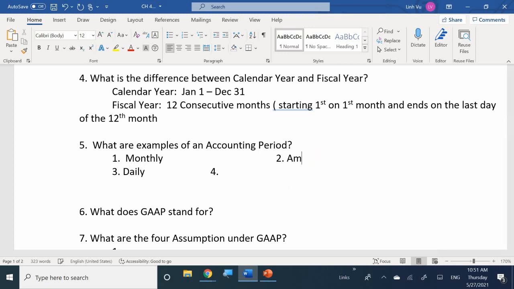Good, because a lot of companies do annual reports. What else? Quarterly. Yes, that's also a common one that most businesses do. So again, the accounting period is going to be based on when you want to complete the 10 steps of the accounting cycle.